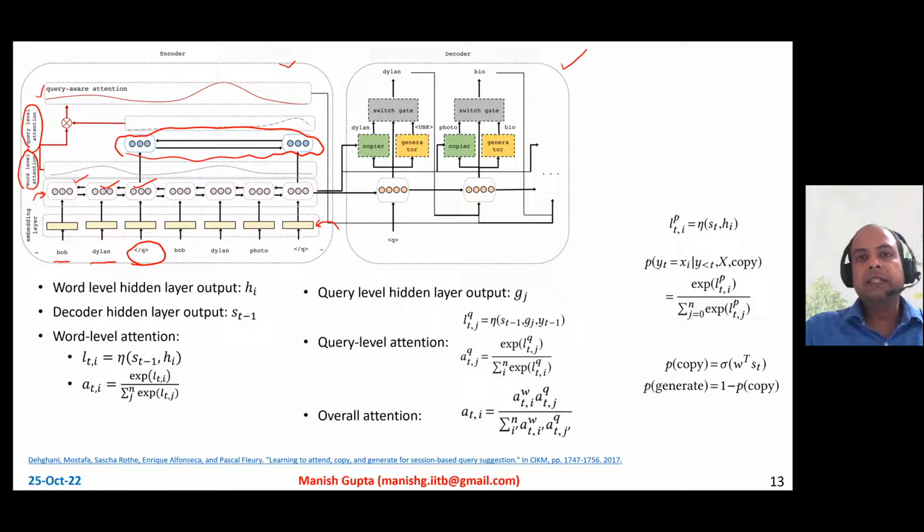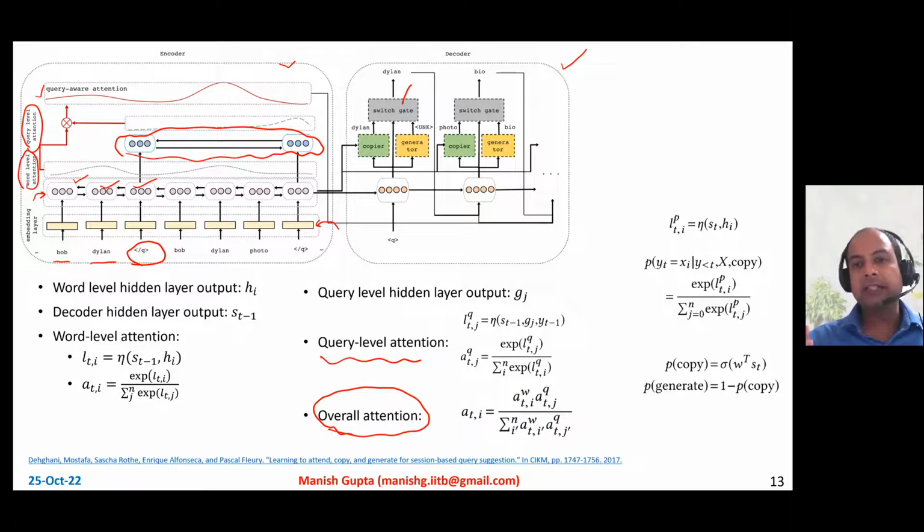On the decoder side, it's a copy generator kind of decoder, which first uses a switch gate to decide whether it should be copying things or generating things. And when it wants to copy, it makes use of the query level attention and the word level attention to come up with an overall attention, and then decides which one to copy.